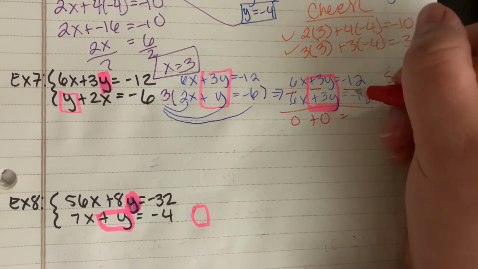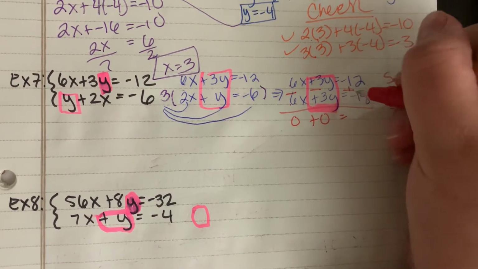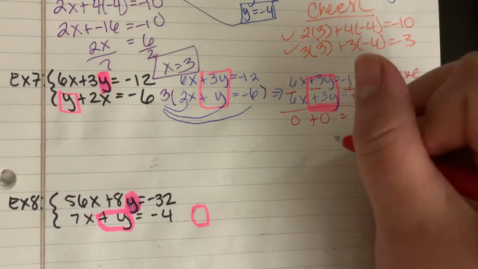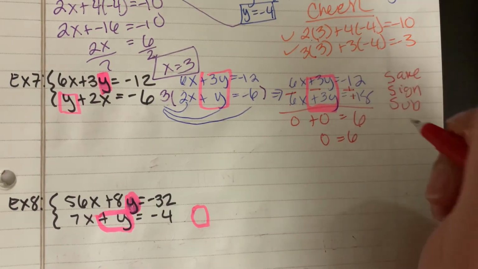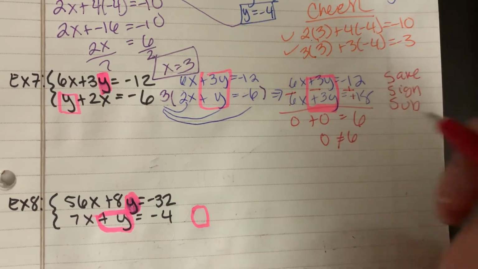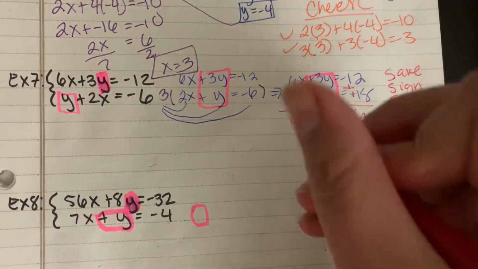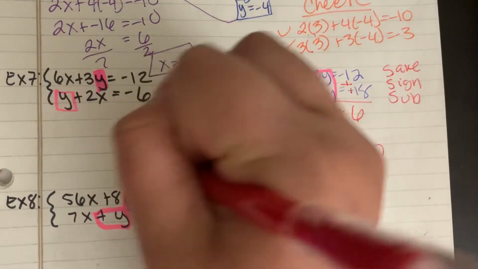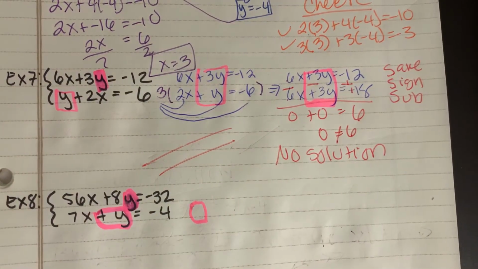Negative 12 minus negative 18 would turn into a plus, so this is going to be a positive 6. Does 0 equal a positive 6? Absolutely not. They're not equivalent. So this means that there is no solution, which means these lines are parallel to each other.